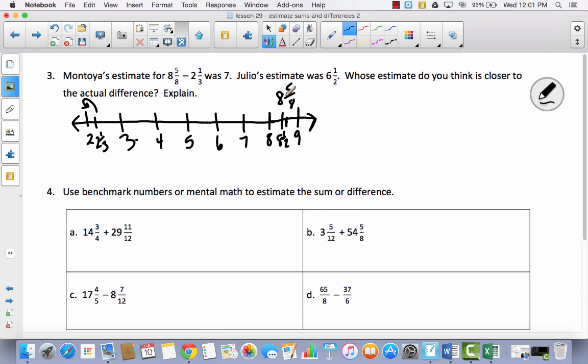8 and 5/8, you could either say it's closer to 9 or you could say it's closer to 8 and a half. Let's start with 9. So if I said 8 and 5/8 is about 9, and I said 2 1/3 is about 2, then when I subtract, I would get 7.